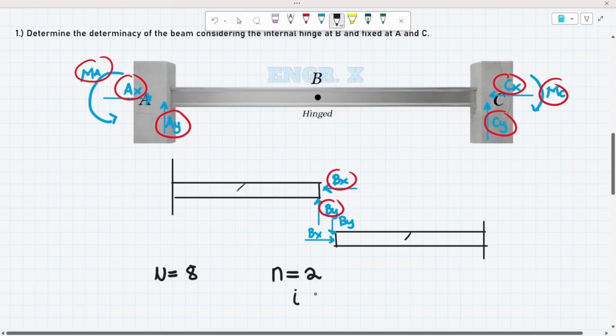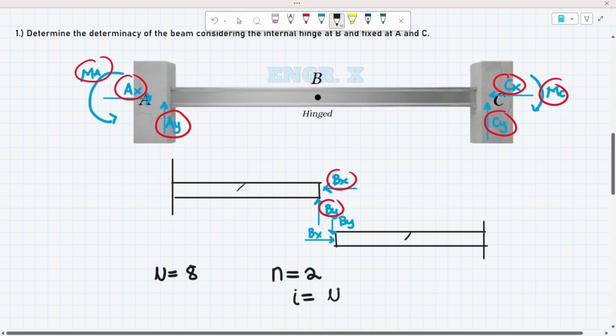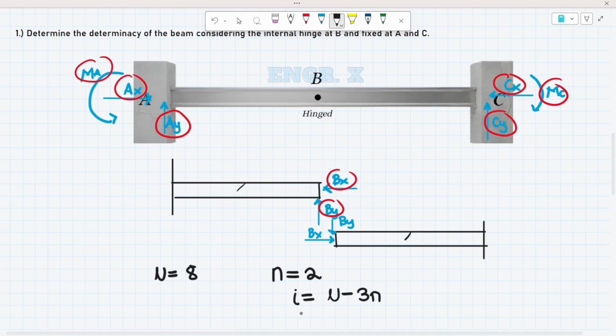That is I equals U minus 3 times N. This is I is equal to 8 minus 3 times 2, which is 8 minus 6. This is 2 or second degree. Okay, this is our final answer.